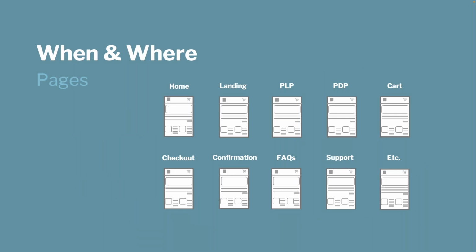So let's talk specifically about what types of pages before we get into components, which we'll talk about in just a minute. We can personalize pages, and this is just an example of some of the candidates for personalization: things like the home, landing, product listing page, product detail page, the cart, checkout, and confirmation. Those are all pretty obvious examples, but some pages that clients often overlook are the FAQ pages, the support page, et cetera.